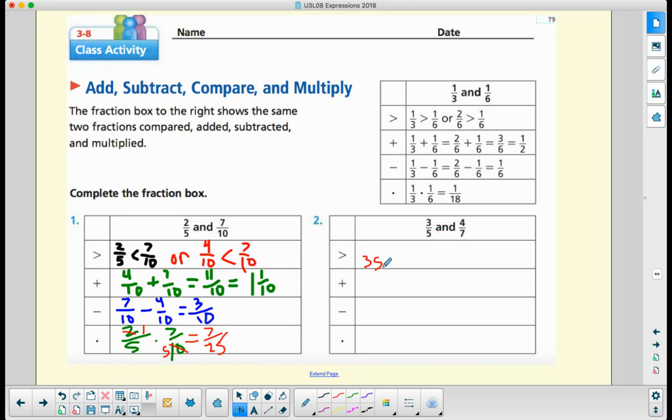5 multiplied by 7 is 35. 3 multiplied by 7 would have been 21. So 3/5 equals 21/35, compared to 4/7. Well, 7 multiplied by 5 is 35.